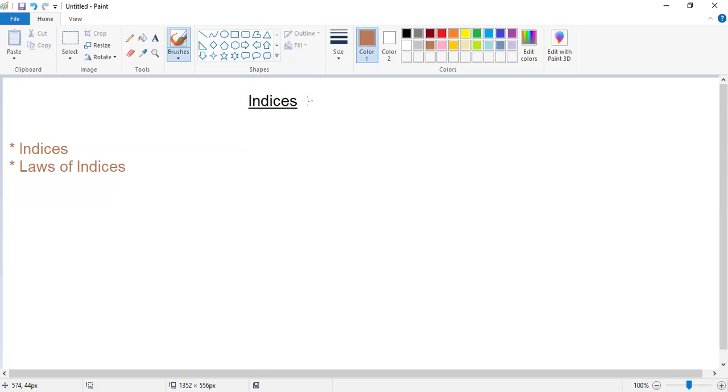So indices is generally the plural form of index, and it's also known as power.